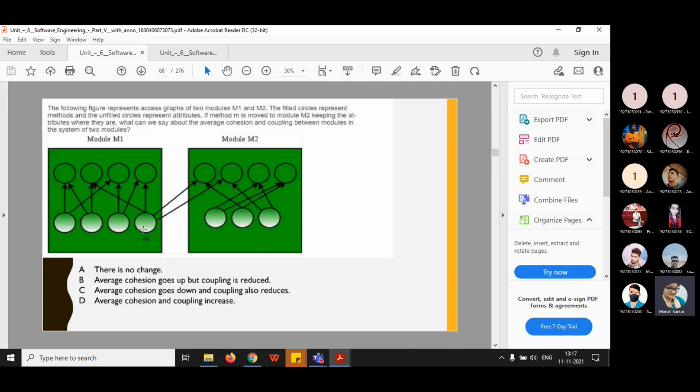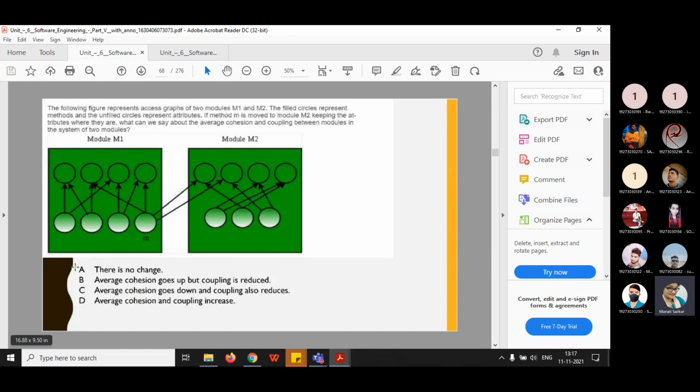If method M is moved to module M2, keeping the attributes where they are, what can we say about the average cohesion and coupling between modules in the system of two modules?